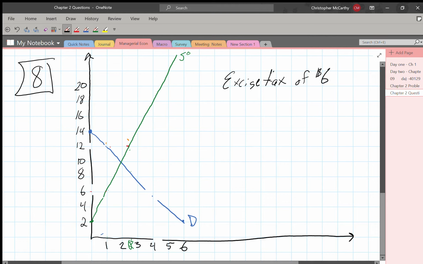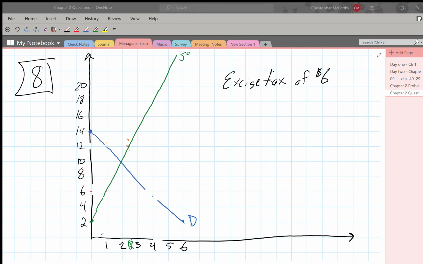So what is this excise tax telling us? Since none of you know, we'll ask Google.